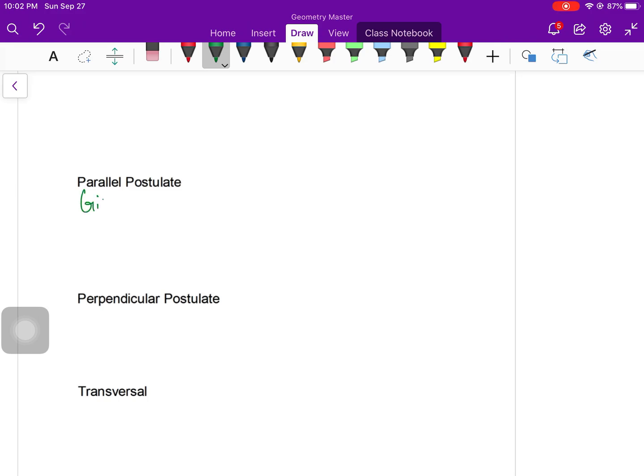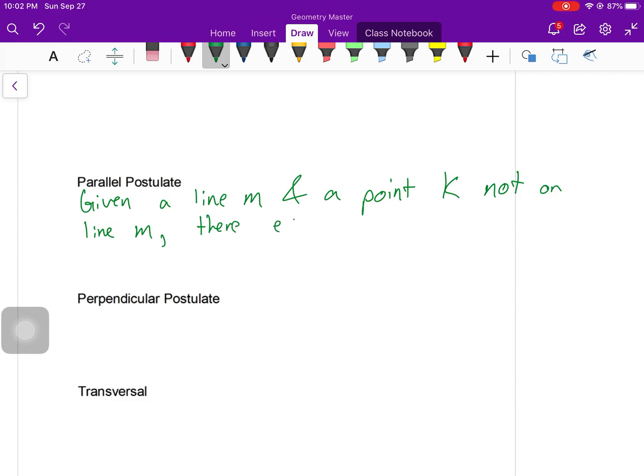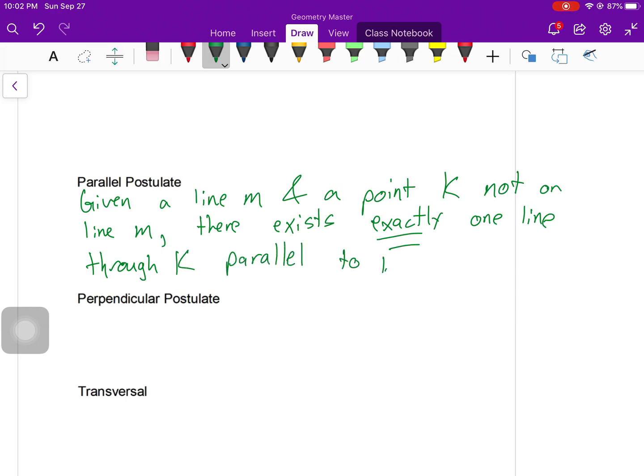So the parallel postulate says, given a line M and a point K not on line M, there exists exactly one line through K parallel to line M.